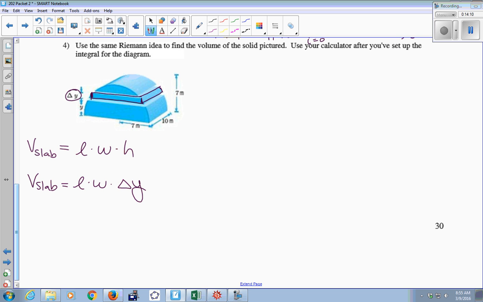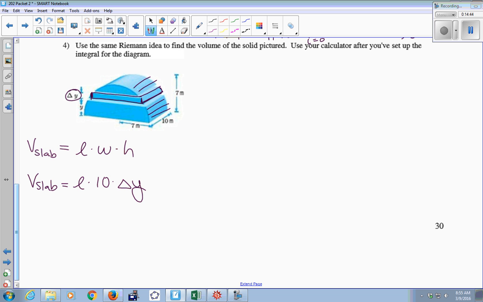Now I need to write length and width in terms of y, or just a constant if it never changes. One of those never changes. This distance right here is always 10, no matter how high up my shape I go. Let's call that the width, so I'm going to replace my W with a 10.